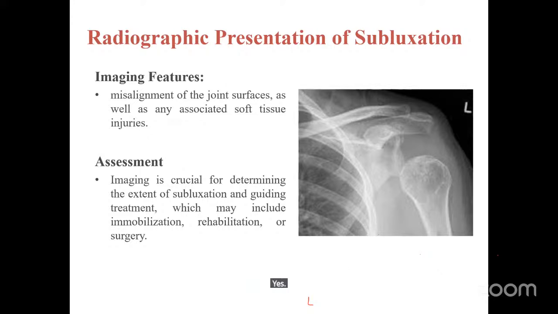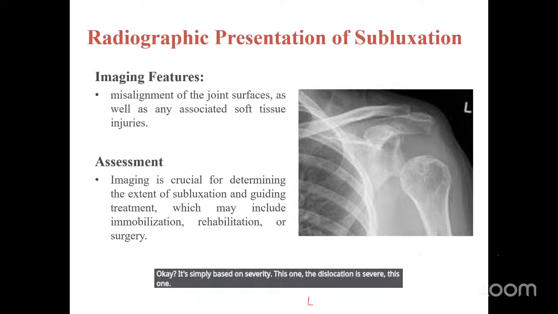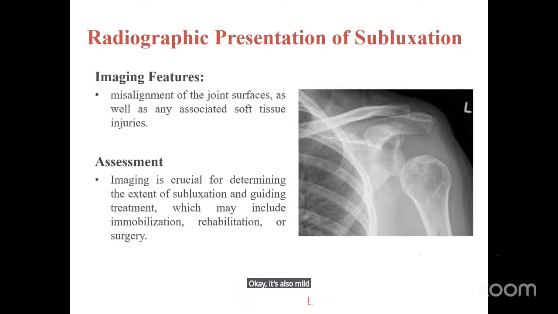There's contact, as you can see here, but in this location there is no contact. It's simply based on severity. This one, the dislocation, is severe. This one is just mild to moderate.